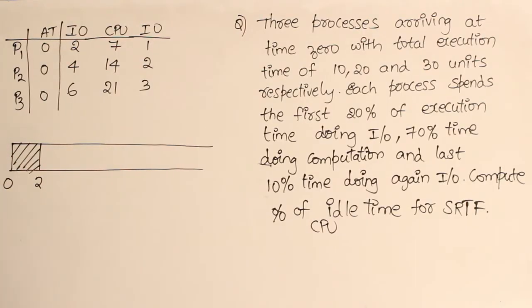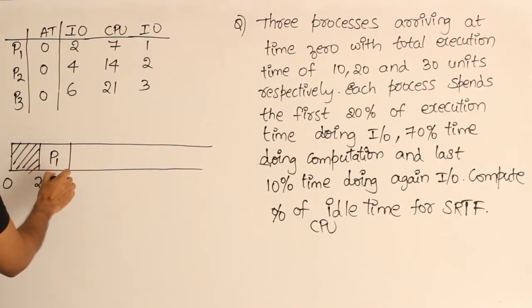So CPU is idle from 0 to 2. And then process P1 becomes available, and I can run it till completion. The reason is this is the smallest job and all the jobs are available, so no further job will be smaller than this.